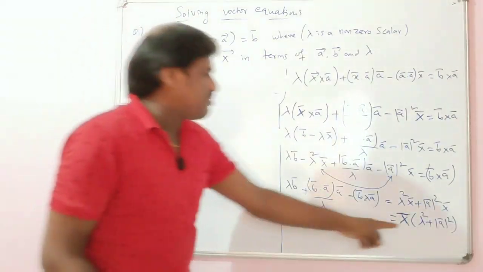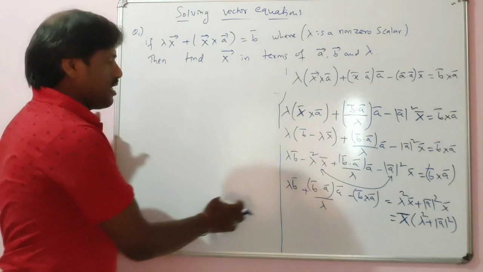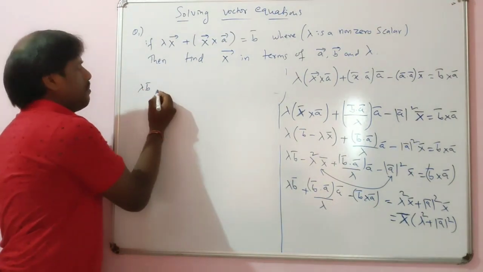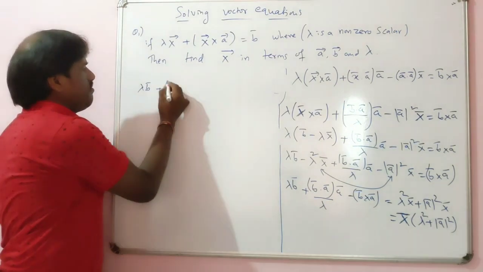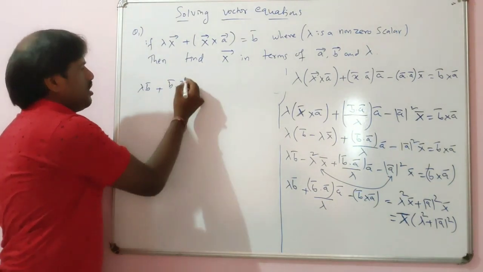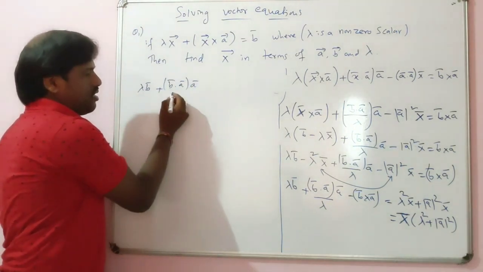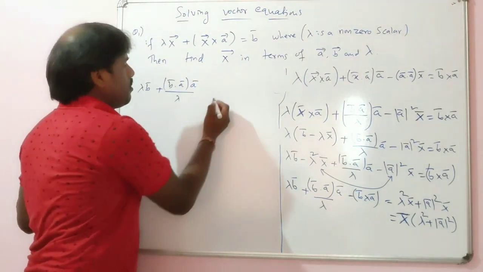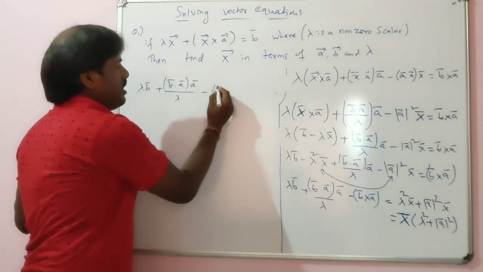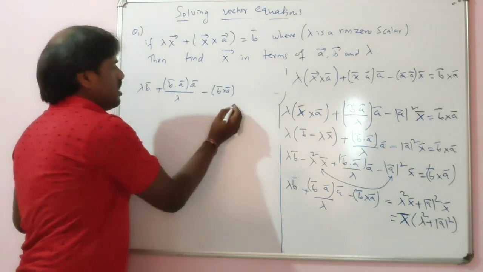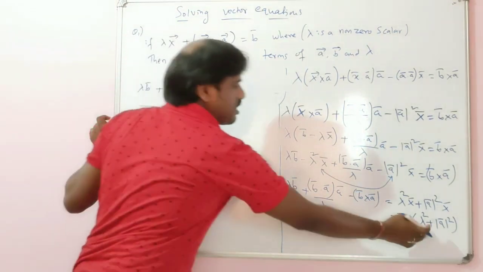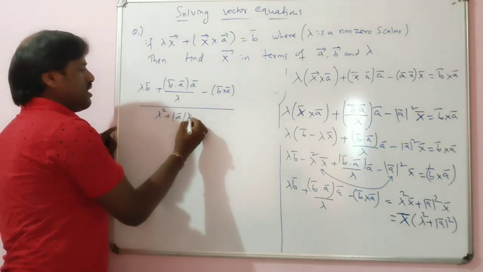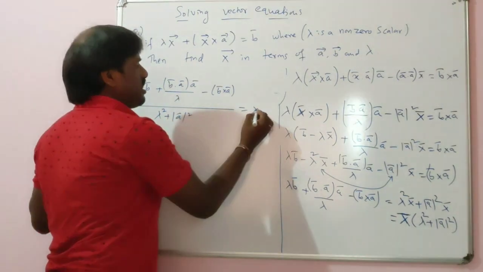The final steps for this one can be written like this. Like here, I can write as lambda times of b vector plus b vector dot a vector into a vector divided by lambda, and I got here minus of b cross a divided by, and I can send this one lambda square plus mod a square is equal to x vector.